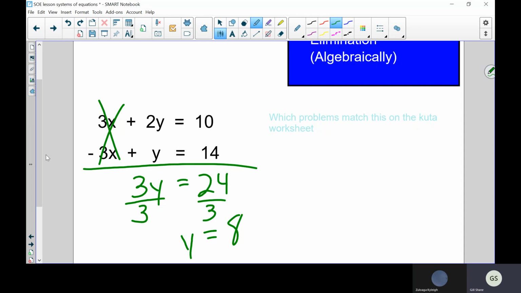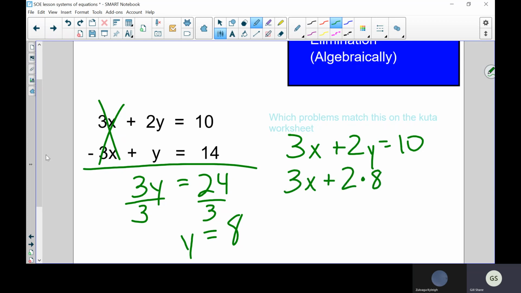So now I need to pick one of the equations. I'm going to pick the top one because, again, it's all positive numbers, and I like all positive numbers if I can. So here's the equation. That's the top equation. I know y is 8. So again, now it's kind of just like substitution. If y is 8, I can go to this equation and say, well, I don't need the y anymore.